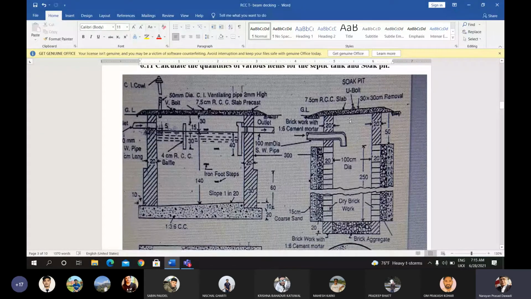After some time you can use this decomposed waste product as manure for the vegetables and crops sown in the kitchen garden. This can be utilized later after drying as organic fertilizer for the crops and vegetables. Okay, this is the section view of the septic tank and the soak pit.